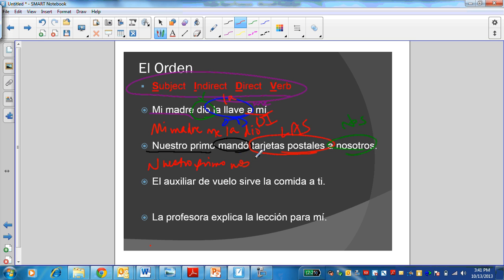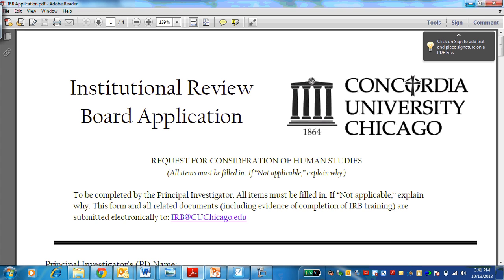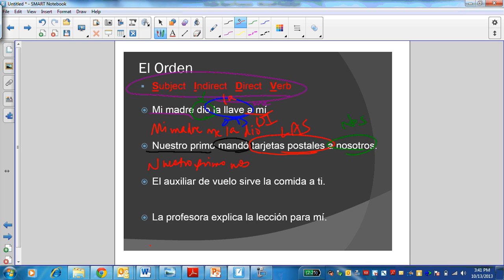Direct object pronoun, el pronombre directo, las. Y el verbo, mandó. Okay. So nuestro primo nos las mandó. So basically it says our cousin sent them to us.